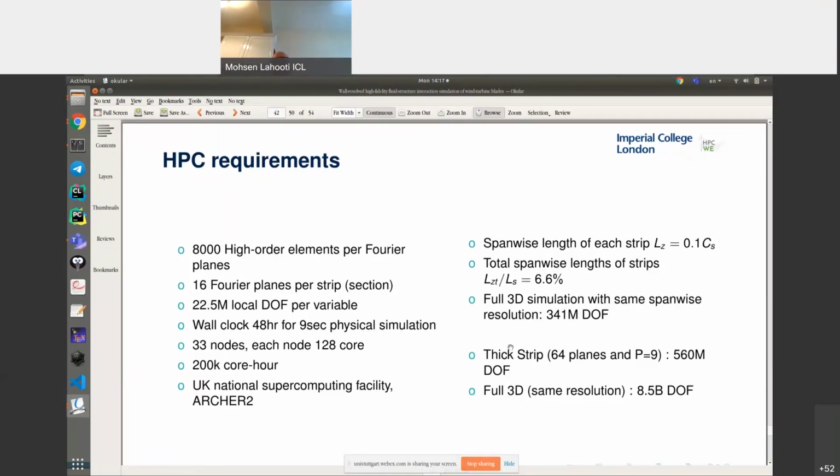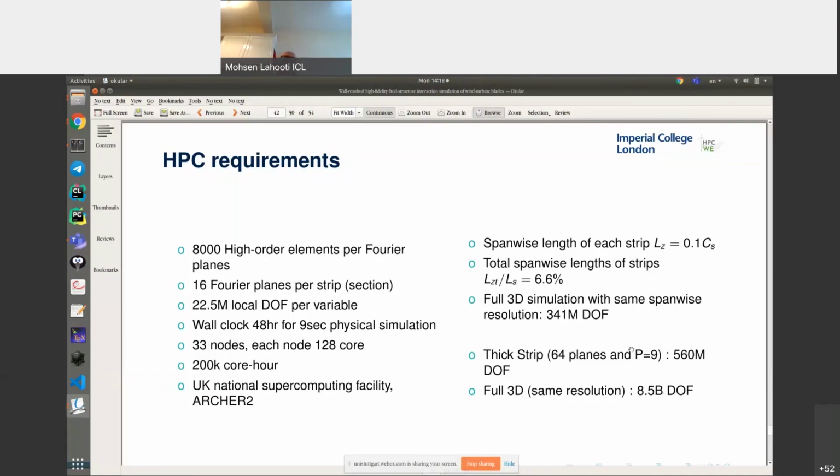And if we want to increase the resolution both in terms of the Fourier planes and the order of the polynomial in each Fourier plane, with these 11 sections we will have 560 million DOF, and a full 3D simulation with that resolution will end up having 8.5 billion degrees of freedom.